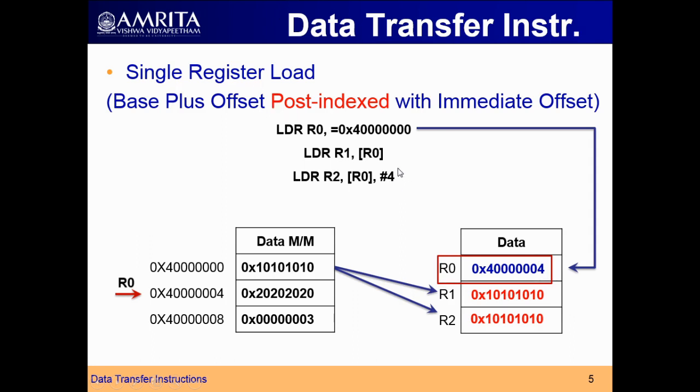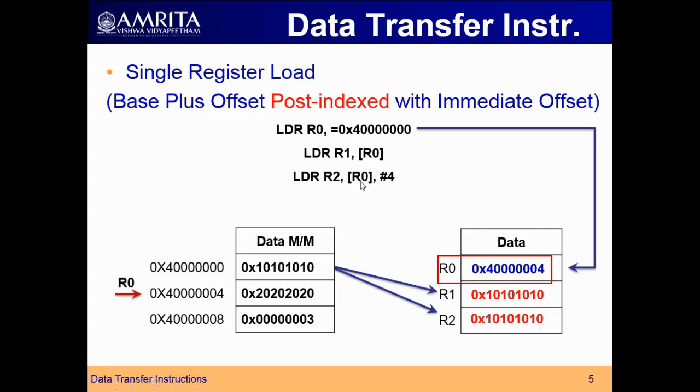But you need to keep in mind that the exclamation mark was not there in the case of post-index addressing mode. Right? So in post-index addressing mode, even though you are not using that exclamation mark, the address stored in R0, that is the base address, will be updated with the indexed address.